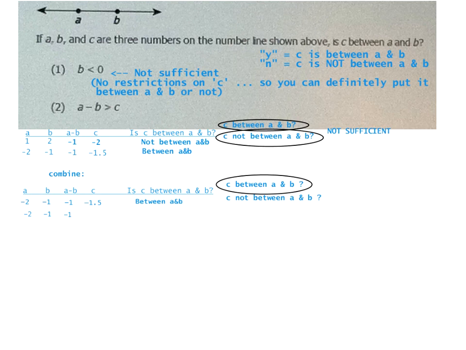So just pick something that's below -2, yeah, minus 1,000, then not between A and B. Done. Got both. Still not sufficient. It's E. So there you go.